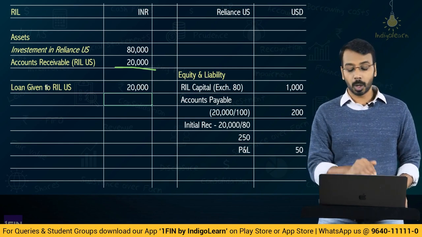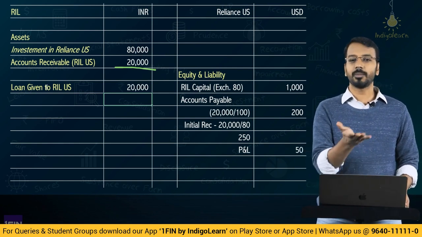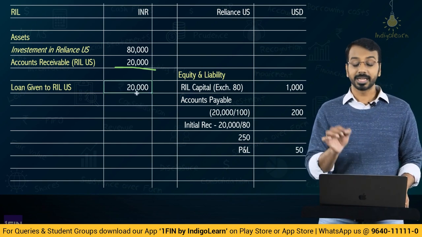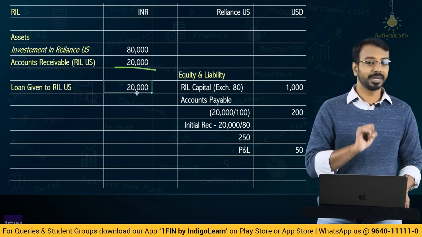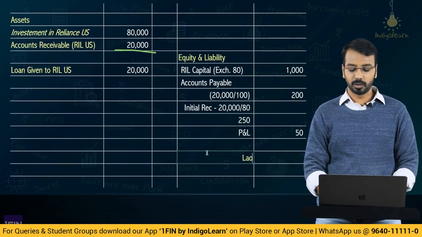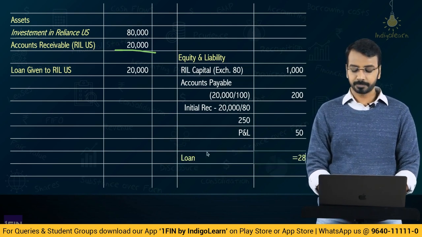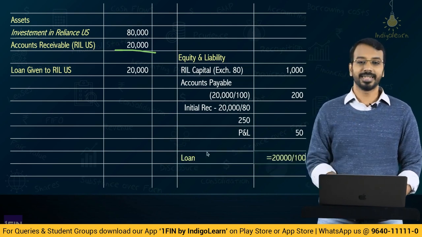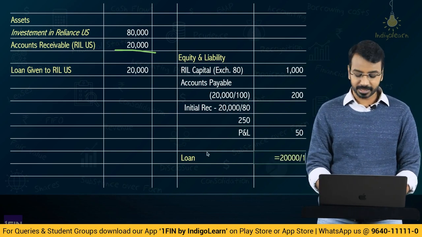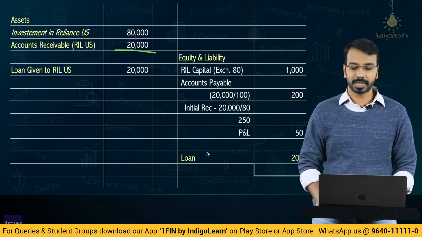But is the loan a monetary item? In the books of the branch, is the loan a monetary item? Of course, yes, you know the amount to be repaid. The amount to be repaid is 20,000. So this is a monetary item. Let us say this loan of 20,000 is recorded initially at 80, but at the end of the period it is to be recorded at 100 because it is a monetary item. So you will record the loan at 200.